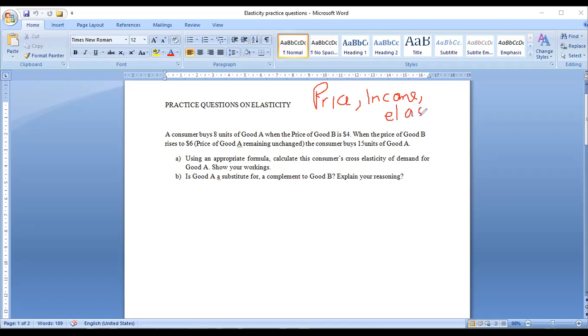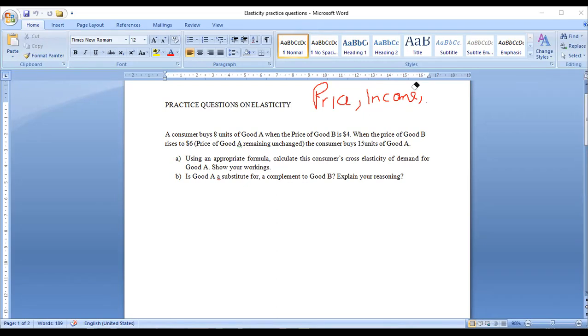When we talk about price elasticity of demand, we mean the degree of responsiveness of quantity demanded of a product as a result of change in the price of that product.